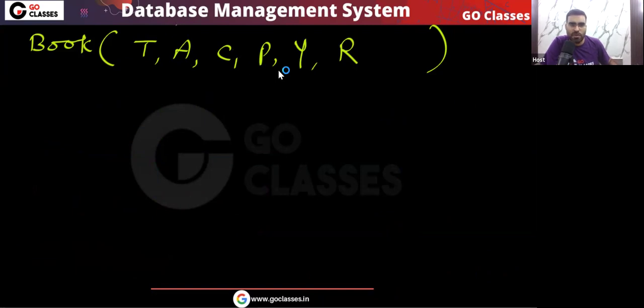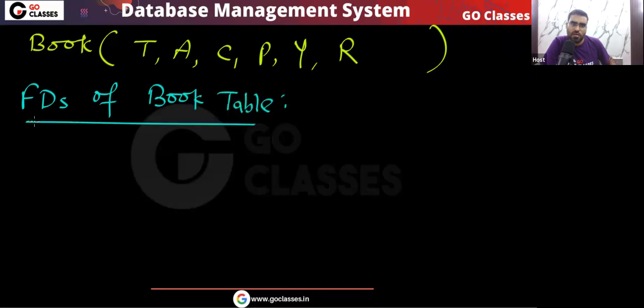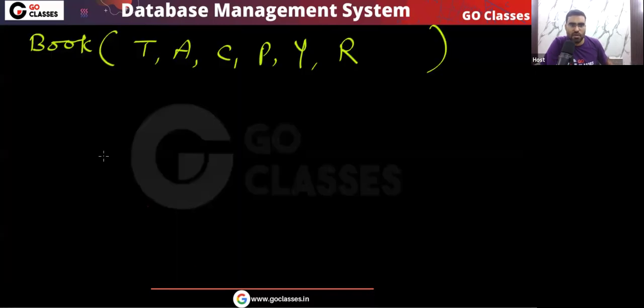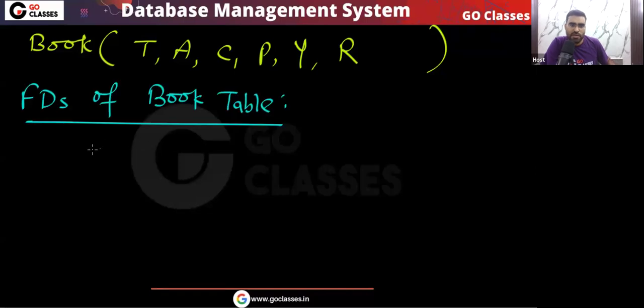Now you tell me, what are the functional dependencies holding in the book table? What are the FDs of the book table? You can see one of them is TA determining C. What else?